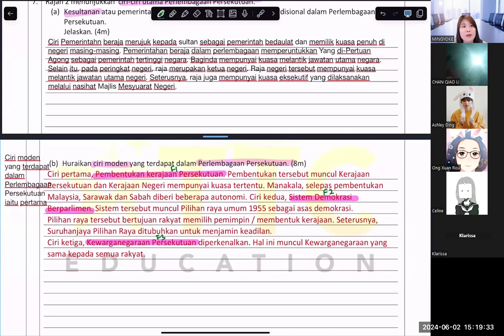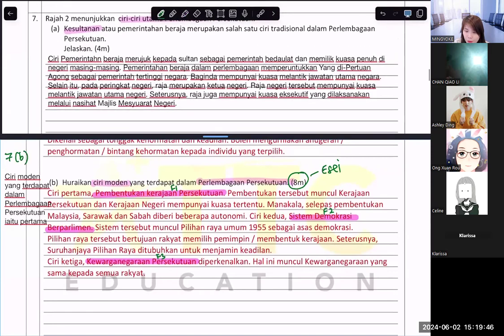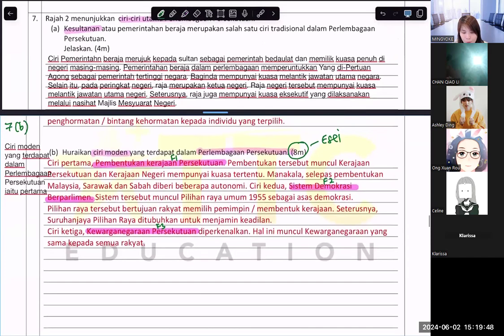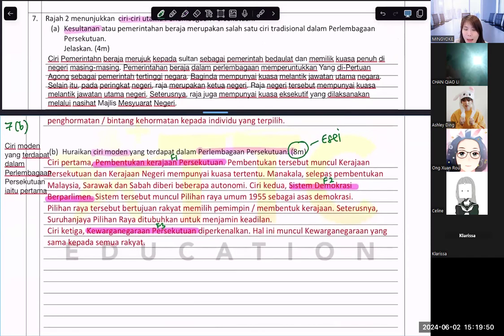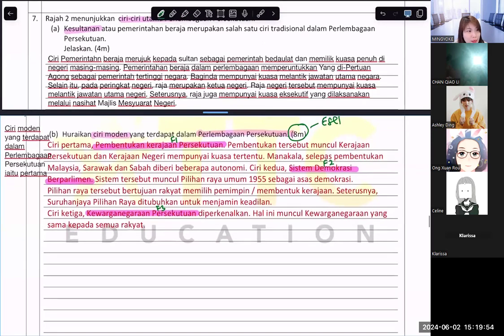Then the rest you have to give huraian. Since it's 8 marks, it's already very obvious it's essay. So you must write the soalan, example 7B, nombor rujukan. After the nombor rujukan, you have to top up with the kepala soalan. Then you start your answer.